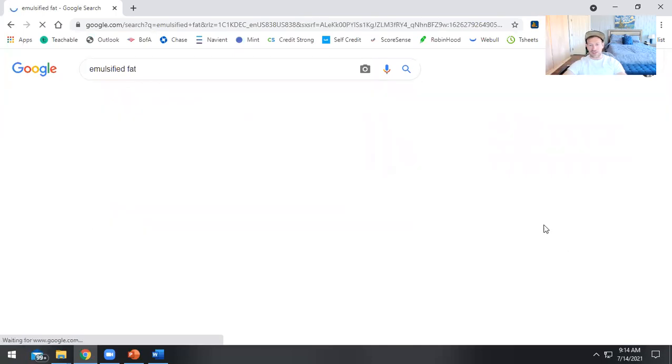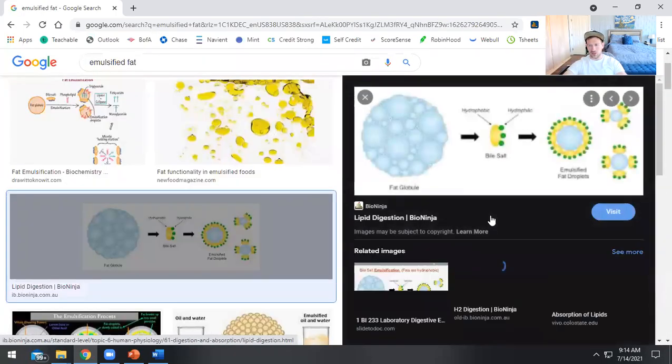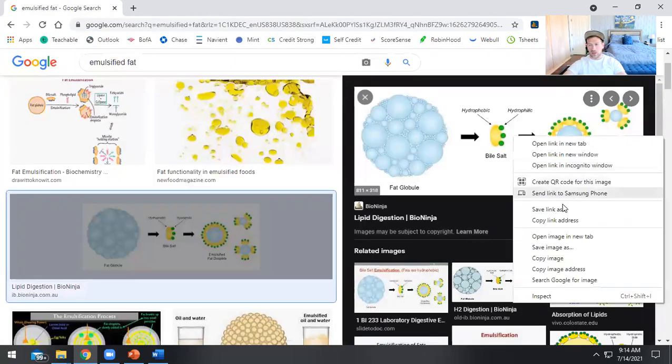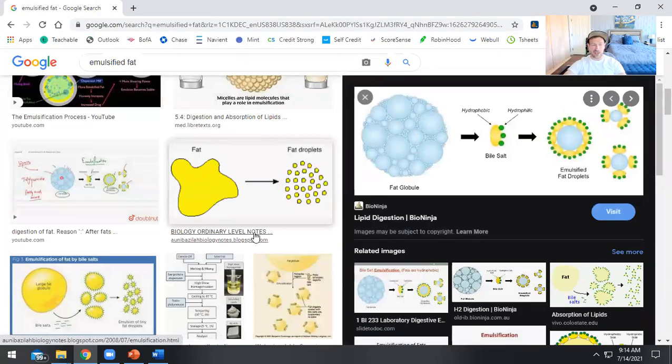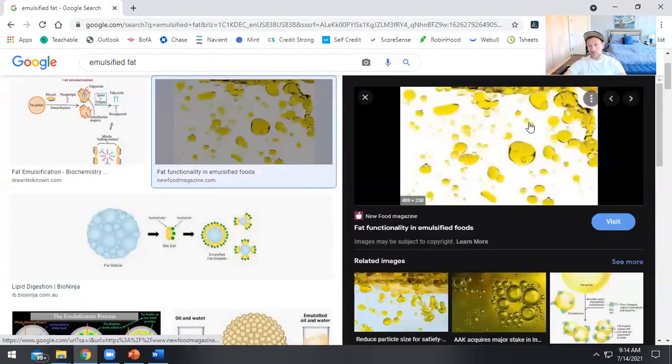What that means is you had a big fat globule, something kind of like this, and then you have a little bit of bile salt, which is going to get in there and break that apart. And so now you've got much smaller, much more manageable, emulsified little fat droplets instead of a big fat globule. So that's how emulsification works, and that's why when you dump oil into water, it all kind of stays together.